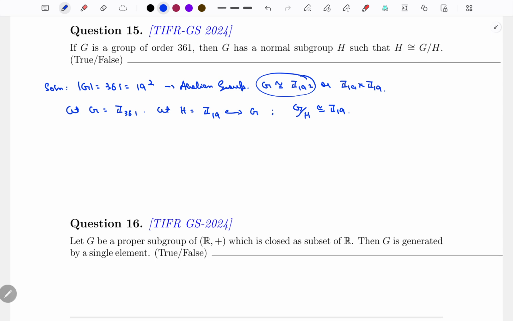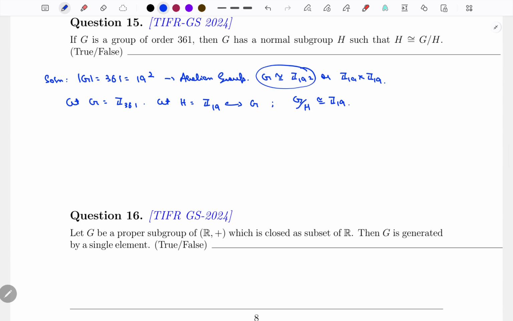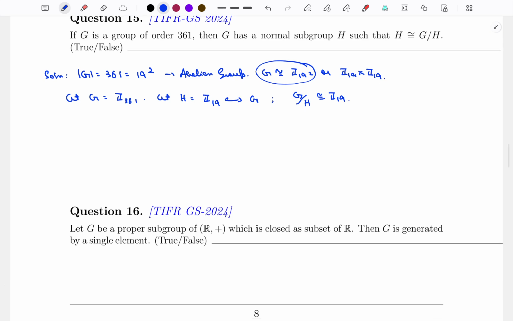What about Z19 cross Z19 now? Okay, I think it will be true. It will be true. Okay, this is a true statement. I do not need to even consider all these things. I can do this in the following sense.